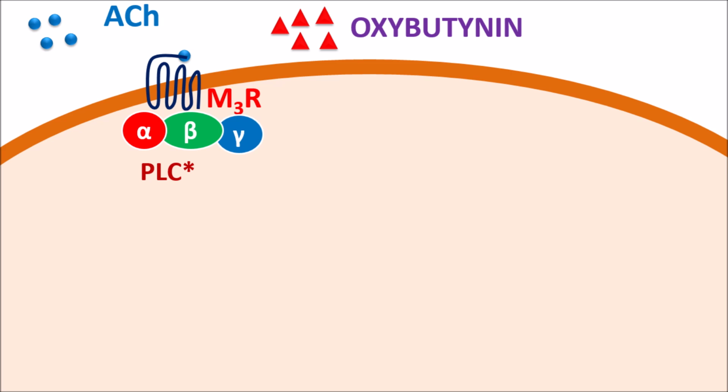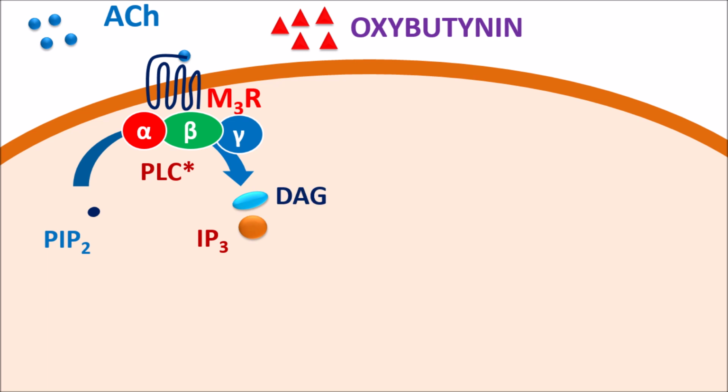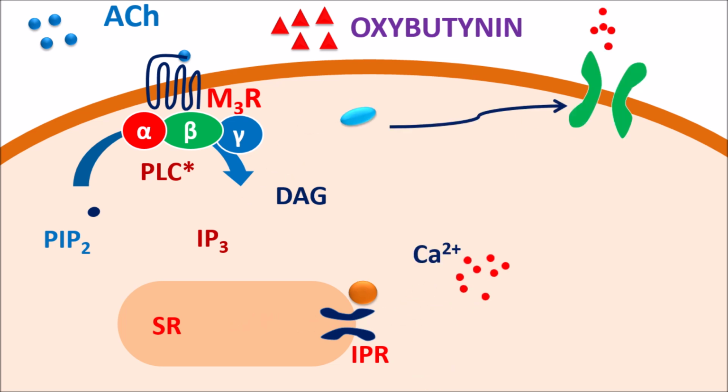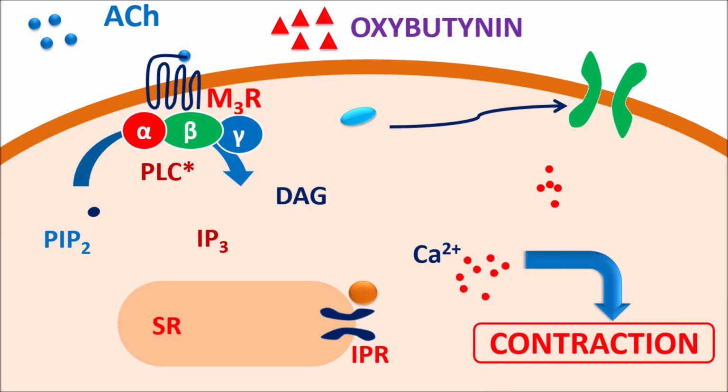This can cleave phosphatidylinositol bisphosphate into two important components, IP3, inositol triphosphate, and DAG, diacylglycerol. IP3 can increase intracellular calcium levels and diacylglycerol can increase the calcium inflow. When the calcium levels are raised within the cell, it can produce bladder contraction.